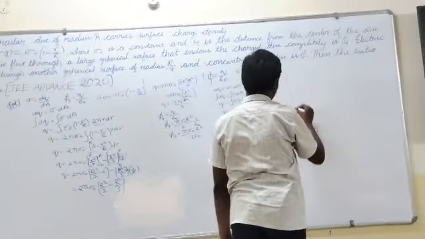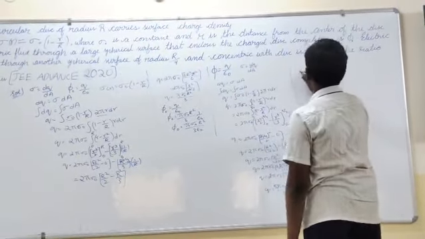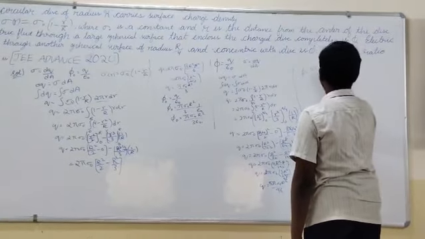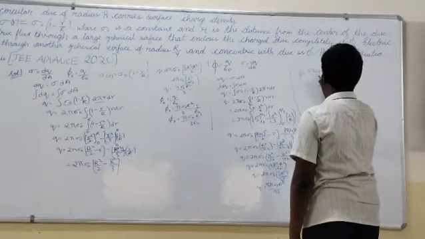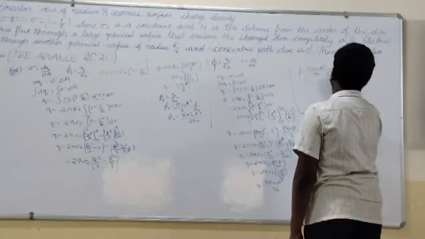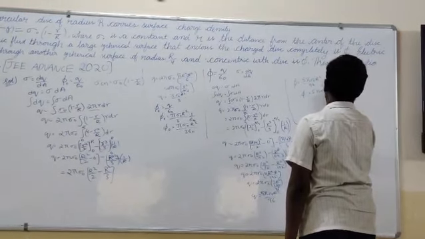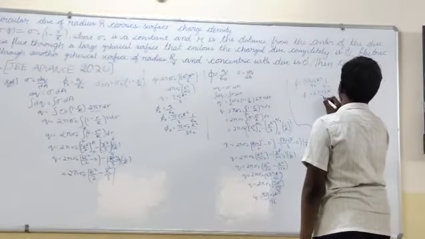Now we substitute in the electric flux. Phi is equal to 5 pi sigma naught R square by 96 into 1 by epsilon naught, which is equal to 5 pi sigma naught R square by 96 epsilon naught.